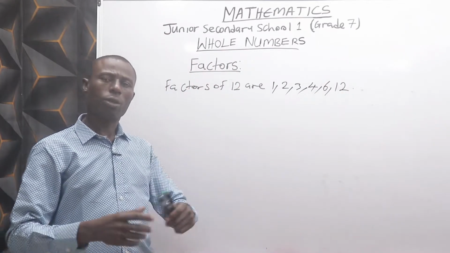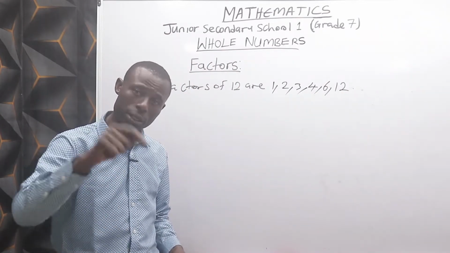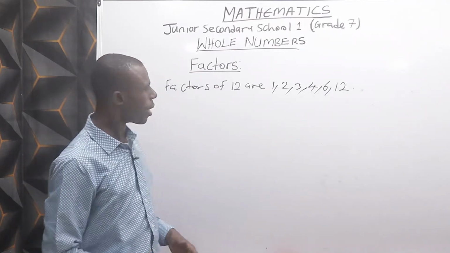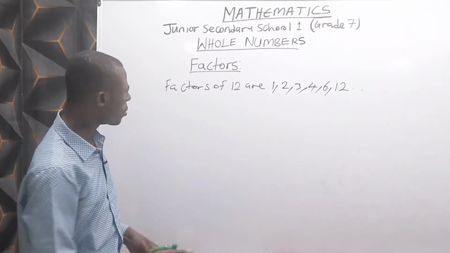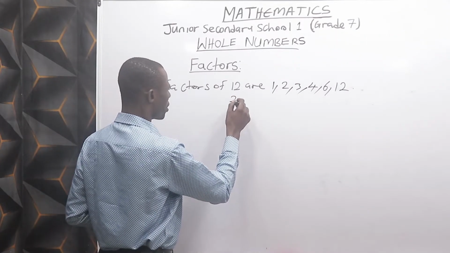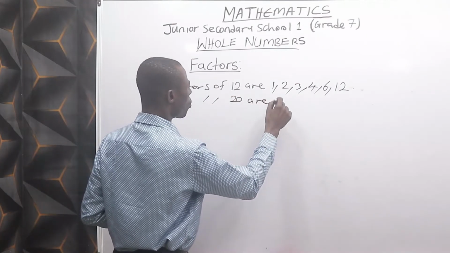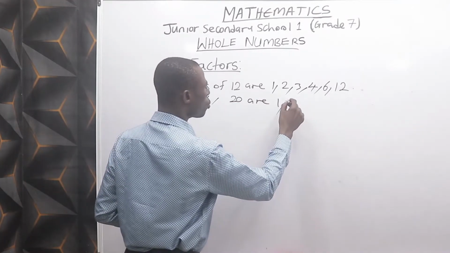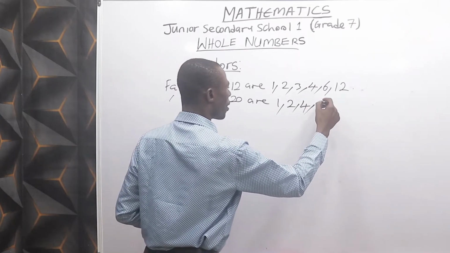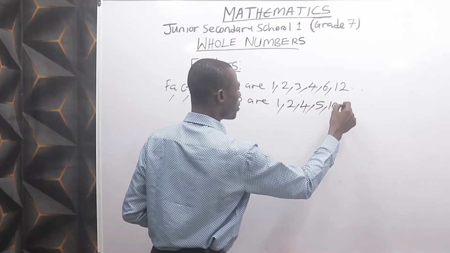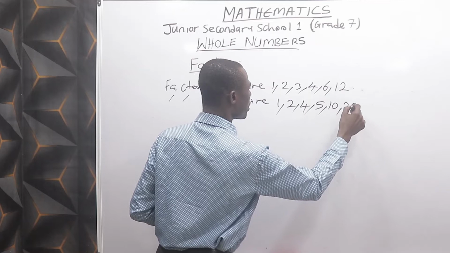Always, factors of a number includes the number itself. That is why factors of 12 include 12 also. Factors of 20 are 1, 2, 4, 5, 10, then 20.